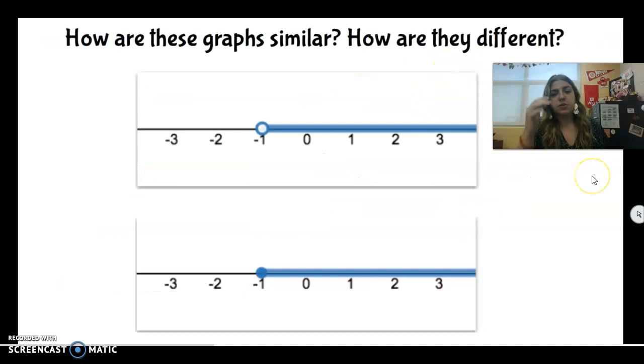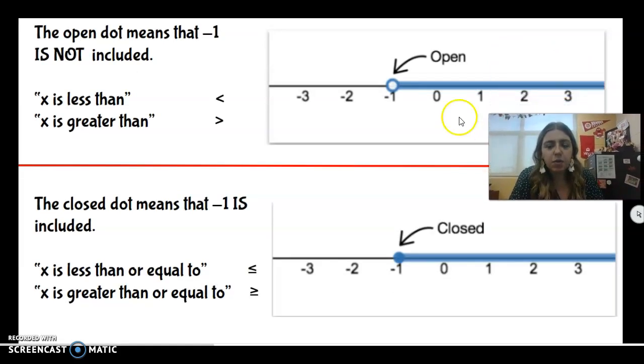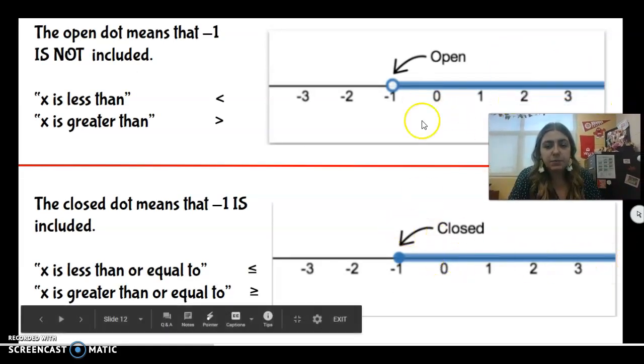Okay, now I want you all to look at these two graphs of inequalities and ask how those graphs are similar and how they are different. Okay, so I'm sure you probably noticed that while both lines were going in the same direction and they started at negative 1 on both graphs, we have an open dot here and a closed dot here.